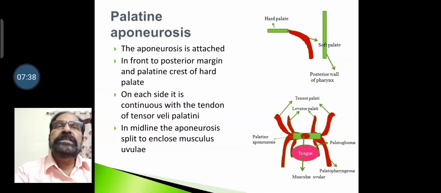Palatine aponeurosis is attached in front to the posterior margin and palatine crest of hard palate. On each side, it is continuous with the tendon of tensor veli palatini. In the midline, the aponeurosis splits to enclose musculus uvulae.